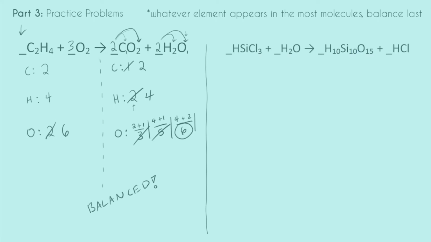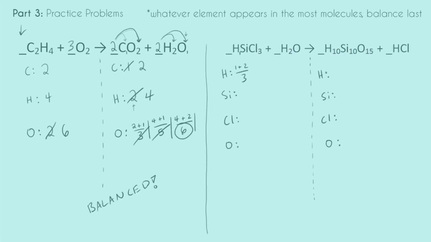So first separating it into left and right, lining it up on the left-hand side and the right-hand side so I can easily compare the exact same elements, and filling in how many I have of each element before there are any coefficients. So hydrogen, from this implied 1, I have 1, plus the right-hand side, I have 2, so that's a total of 3 hydrogens.